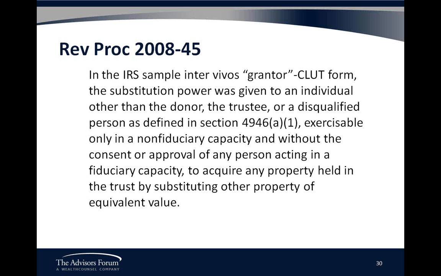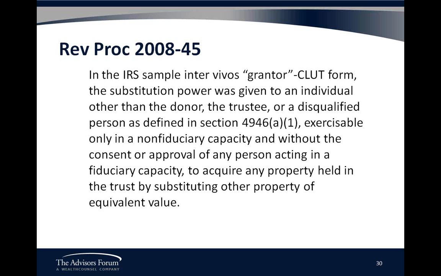Now, the sample forms that are issued by the IRS are presumably for practitioners to incorporate in their trust documents so that on audit, we can show the IRS, hey, I just used your language from Rev. Proc. 2008-45, so what are you complaining about? So they're complete trusts, but they're incomplete.